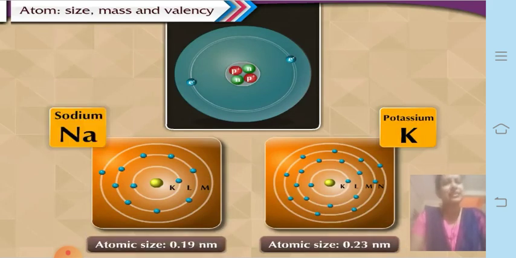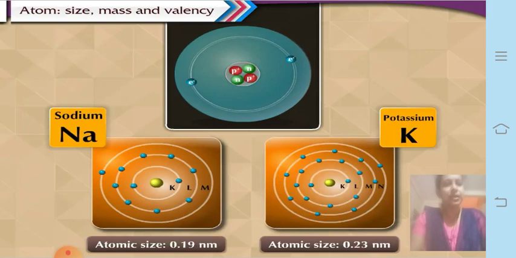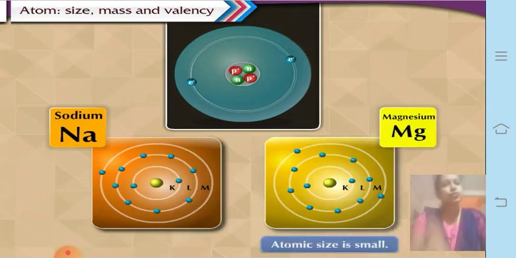Whereas if the number of orbits is the same, then how can we determine the atomic radius? It's very simple. The more the number of electrons in the outermost orbit, the smaller its size. Here, sodium and magnesium both have 3 shells, whereas magnesium has 2 electrons in the outermost shell and sodium has only 1 electron in the outermost shell.